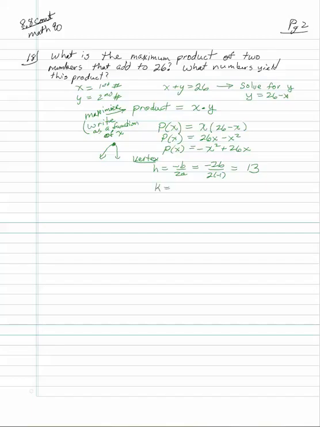And k is going to be P of 13, which is negative 13 squared plus 26 times 13. Again, you have to do the square first, then take the negative. So that's going to get us negative 169 plus 338, which is 169.